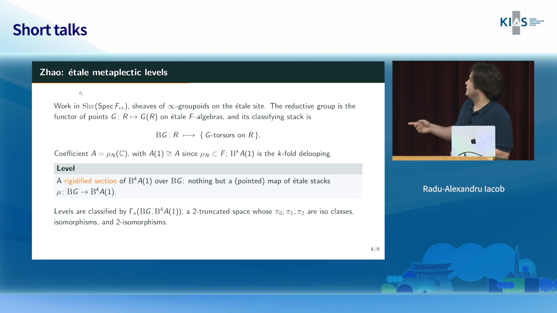So for instance, G is also a sheaf by its functor of points, and it's an E1 group-like space. And then we also have this coefficient sheaf, A, which is mu_n of C, just a finite abelian group, which ends up being a sheaf of connective spectra by the recognition theorem because A is abelian.